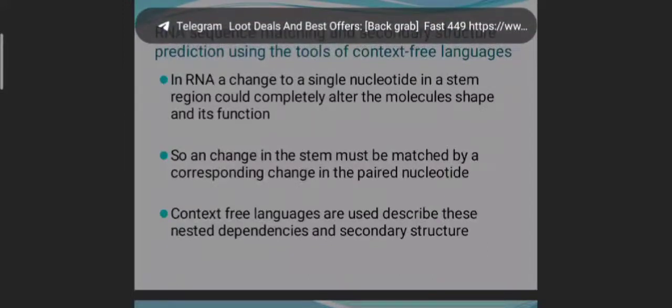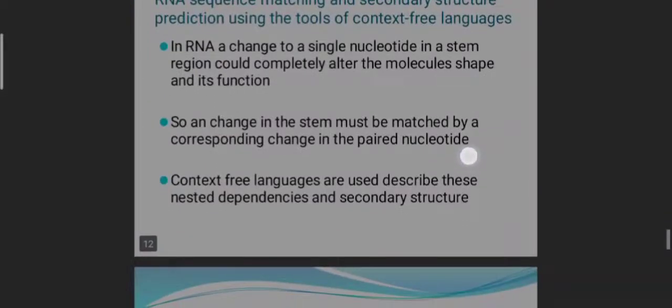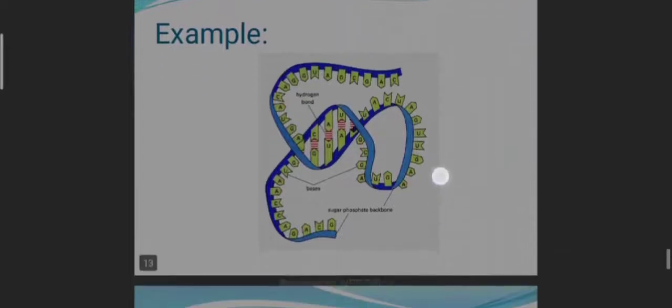So, any change in the stem must be matched by a corresponding change in the paired nucleotide. Context free languages are used to describe these nested dependencies and secondary structure. Moving further, here is an example of it.